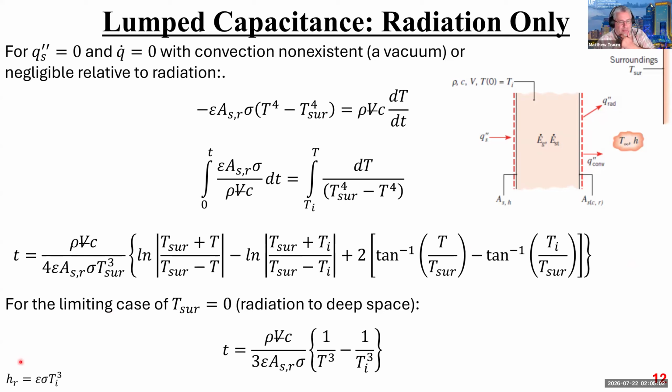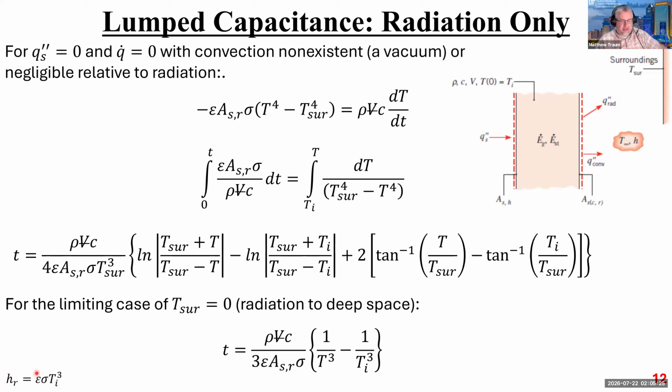I do quickly want to mention, I put this down here in the corner just to remind myself of this. In chapter 1 of the book, when we talked about radiation, there was a little note about an equivalent convective coefficient for radiation, basically.